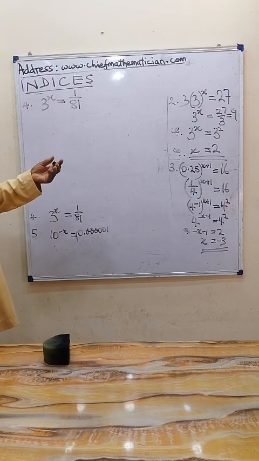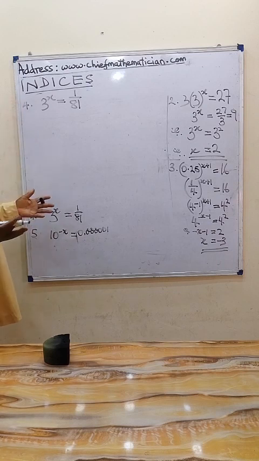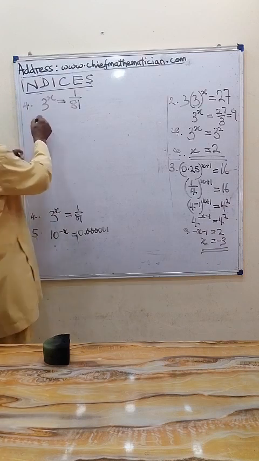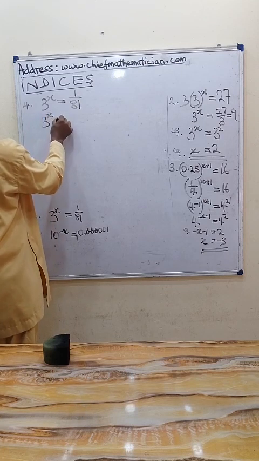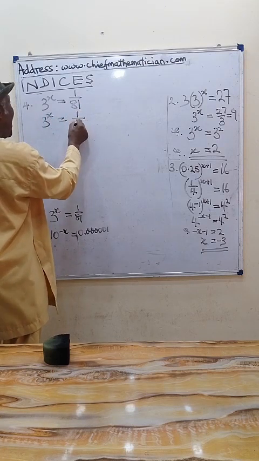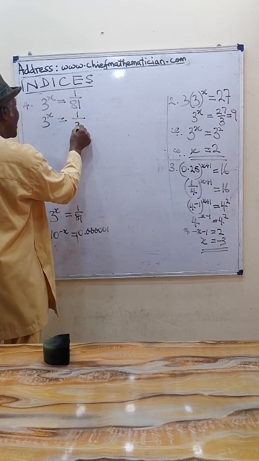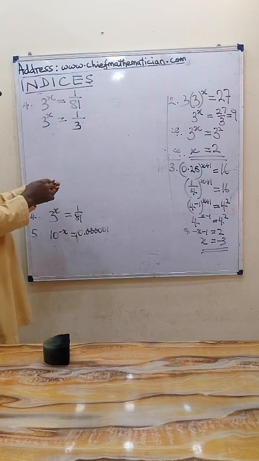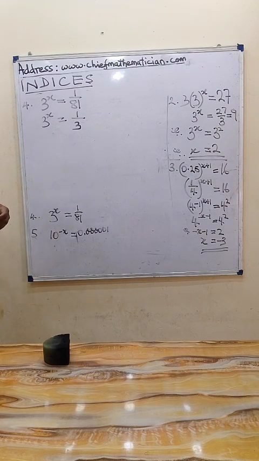Remember our objective, to place both sides of the equation on the same base. 81 is the same thing as 3 to power 4. That is 3 times 3, 9 times 3, 27 times 3, 81. So 81 is the same thing as 3 raised to power 4.